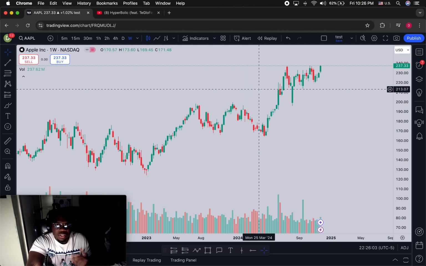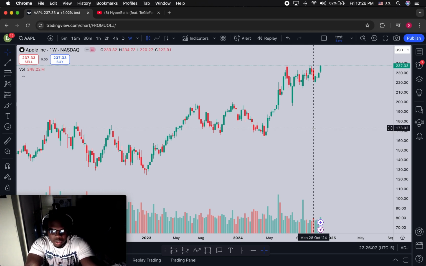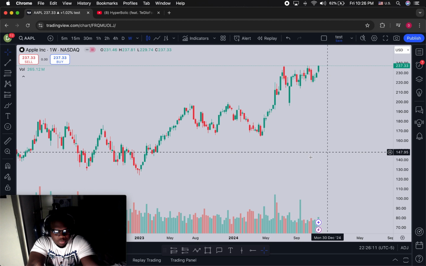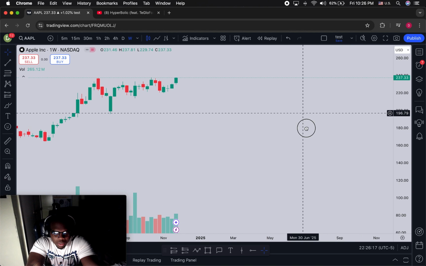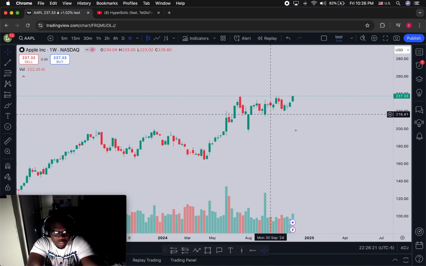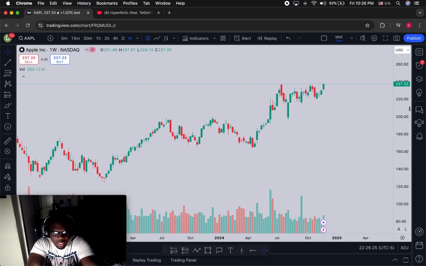In options, it's call and put, but we're going to stick to buy and sell or long and short. Going long, going short. So we're going to be reading these Japanese candlesticks. Indicators: I personally don't use any indicators. I just like to read the candlesticks, patterns, and then break it down from there.